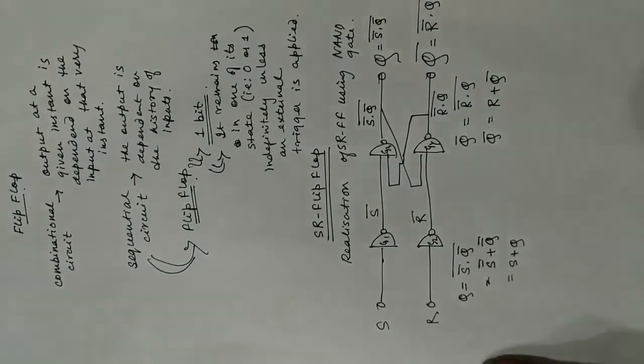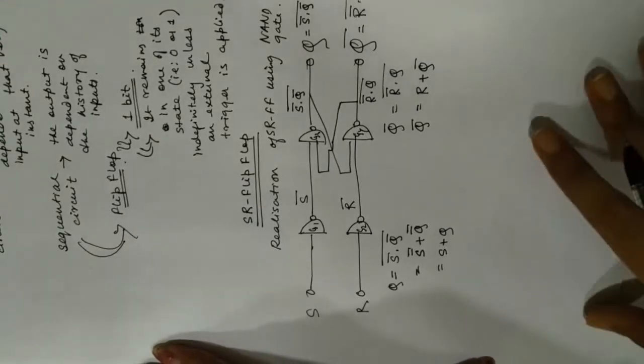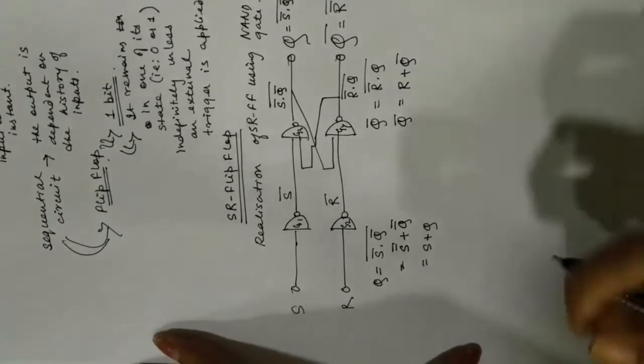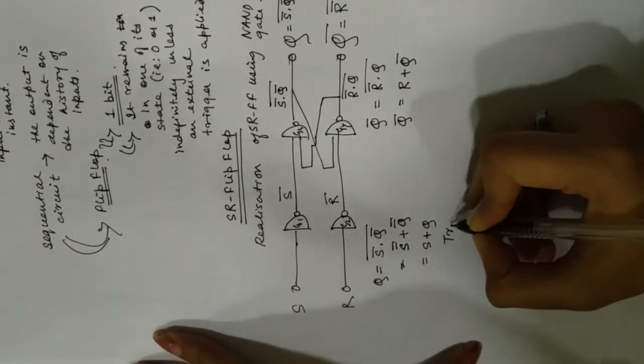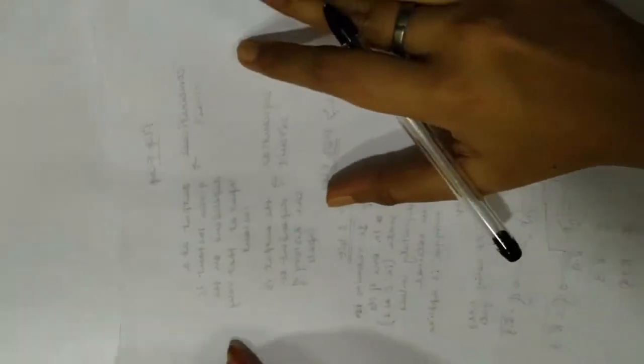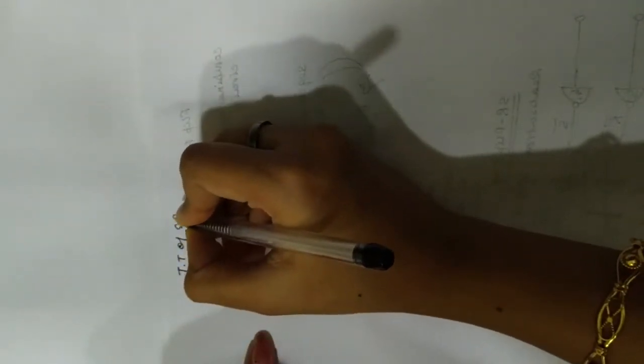Okay. So now let's see how we can prove that it has memory. First I'll write the truth table and then I'll explain it to you. Truth table of SR flip-flop.